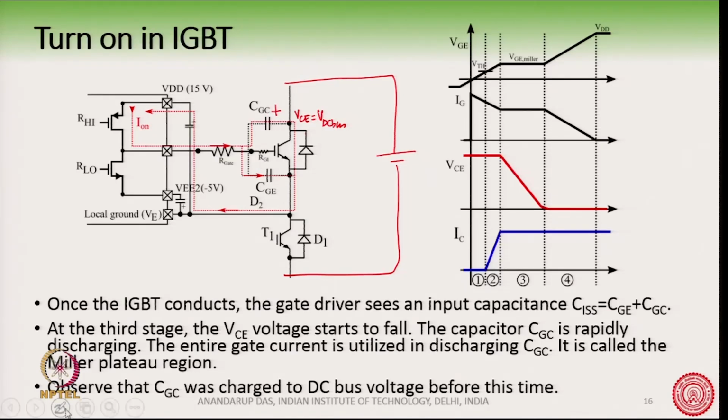So, in this stage 3, this capacitor has to be fully discharged, and this region you can see here is called the Miller-Plateau region.